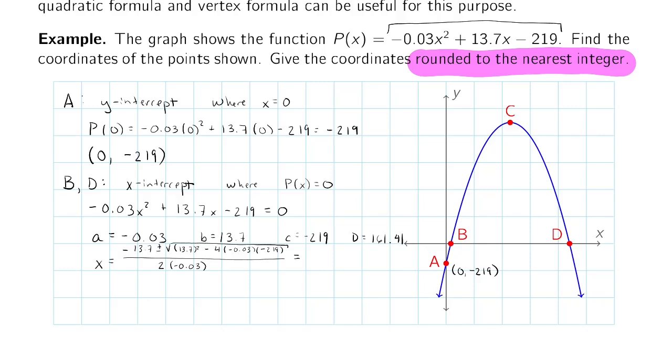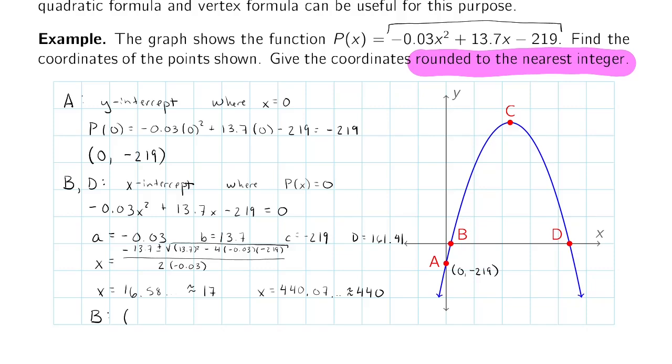And so we get the solutions x equals 16.58, etc., which will round to 17, and x equals 440.07, etc., which will round to 440. So point B has the lower x coordinate.